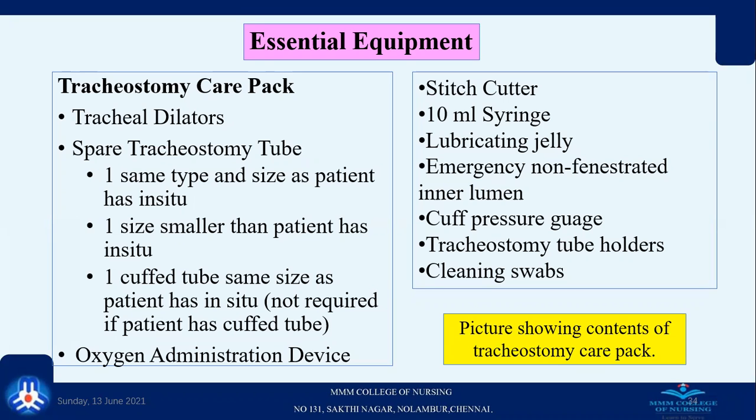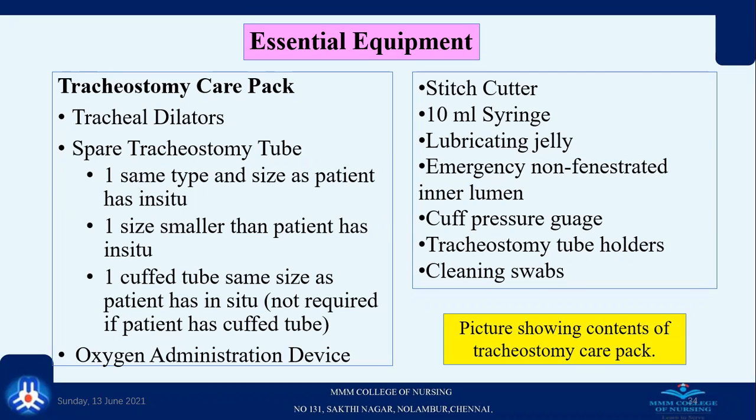Suppose the patient has an uncuffed tracheostomy tube, then there should be one cuffed tube available at the bedside. That is, the same type as the patient has in situ, one size smaller than the patient has in situ, and one cuffed tube. These three types of tracheostomy tube should be available in the care pack.